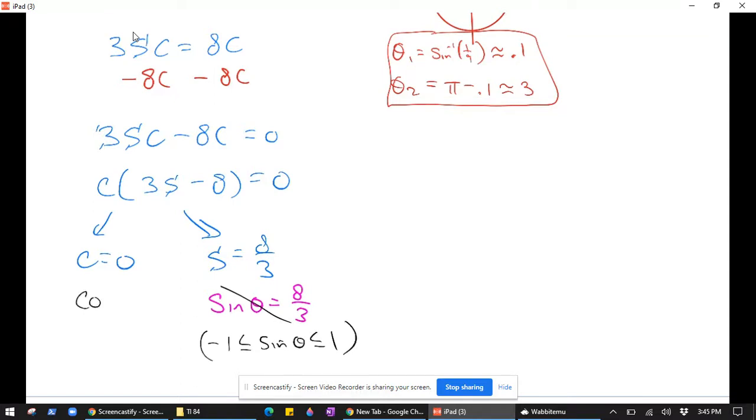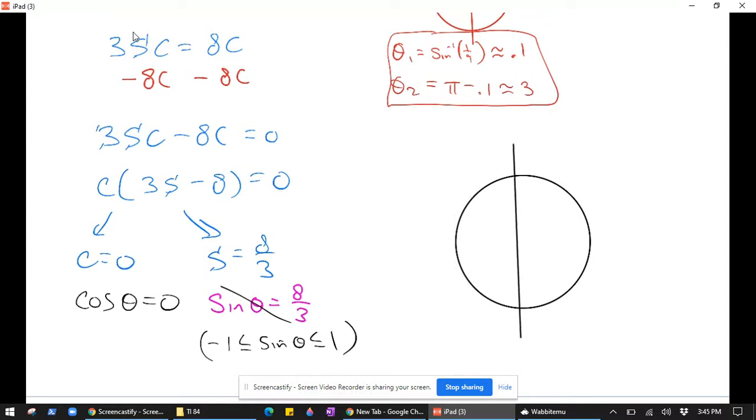This one will: cosine of theta equals 0. Again, I'm going to go over here and draw my unit circle. Cosine is the x-coordinate of a point on the unit circle. So where is the x-coordinate equal to 0? Well, that is the y-axis, right? So this is the line x equals 0.